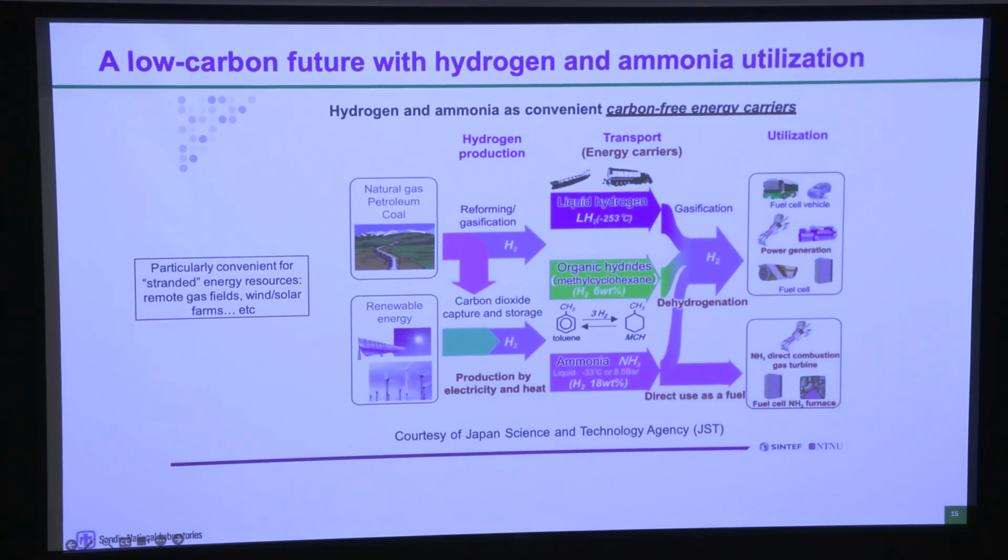And hydrogen, in this chart, it talks about production, transport, and utilization. So most of the hydrogen produced today is made out of a process called steam methane reforming. The process uses methane as a feedstock, and it produces CO2 as a byproduct, which can be captured and stored using CCS technology.